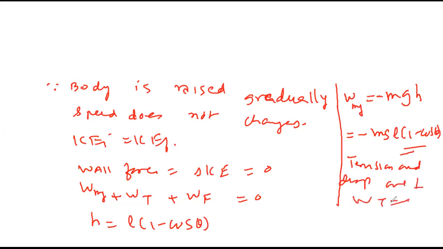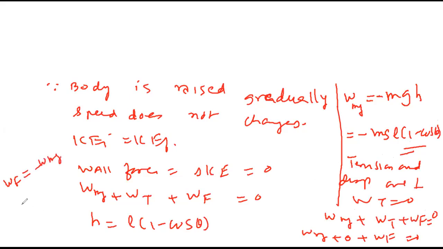Work done by tension is zero. So work done by gravity plus work done by tension plus work done by force is zero. That means work done by gravity plus zero plus work done by force is zero. So work done by force becomes minus of work done by gravity.